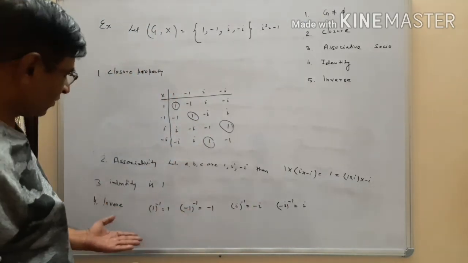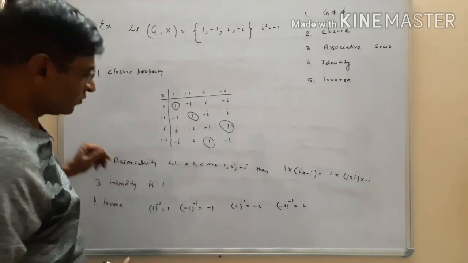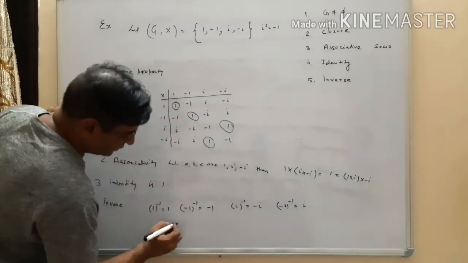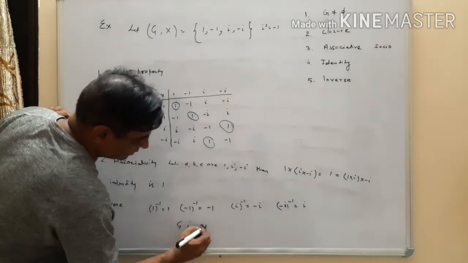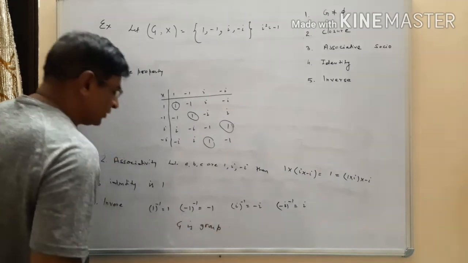You can see all the properties are satisfied. So hence we can say G is a group.